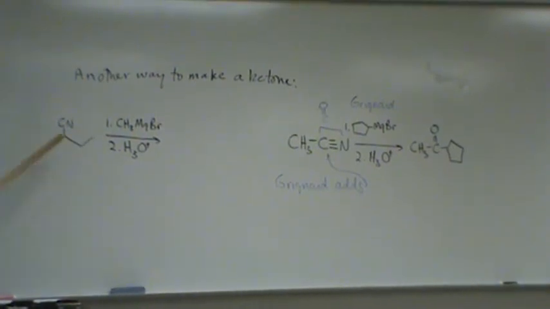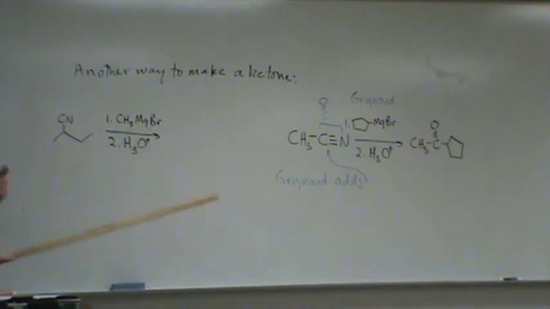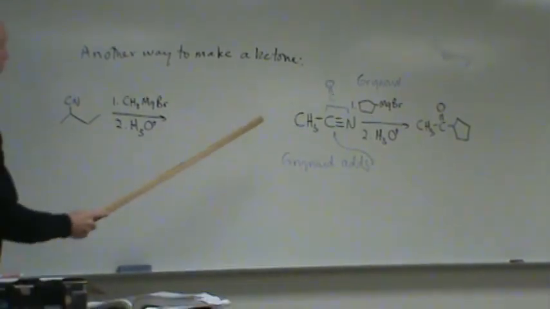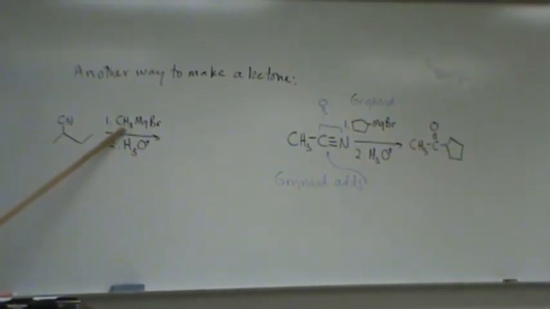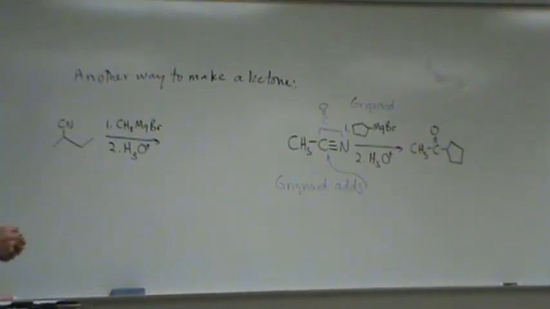If I see a nitrile group in there, CN, that should be tipping me off, and I see the Grignard reagent, that should really tip me off, and I'm going to form a ketone. So what's going to happen? That CH3 will add to this carbon, and the CN transforms to a carbonyl.